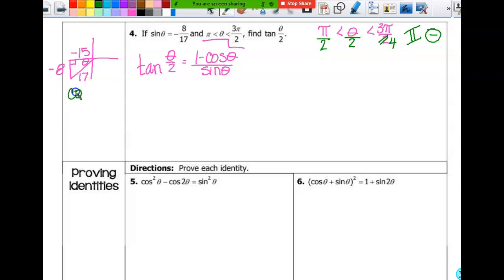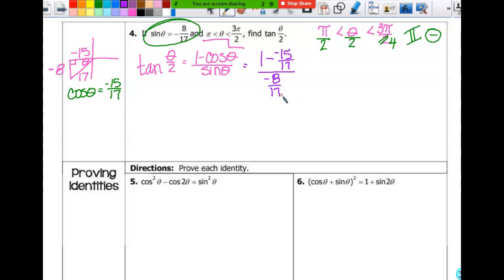So from here, cosine theta is negative 15 over 17. And they gave me sine, so I'm good. So now we substitute this in. We get 1 minus the cosine, which is negative 15 over 17, over sine, which is negative 8 over 17.